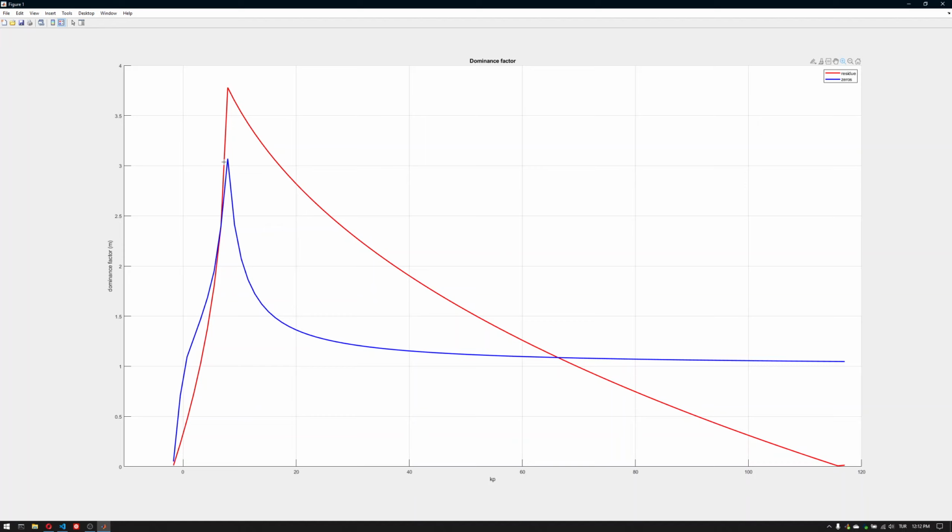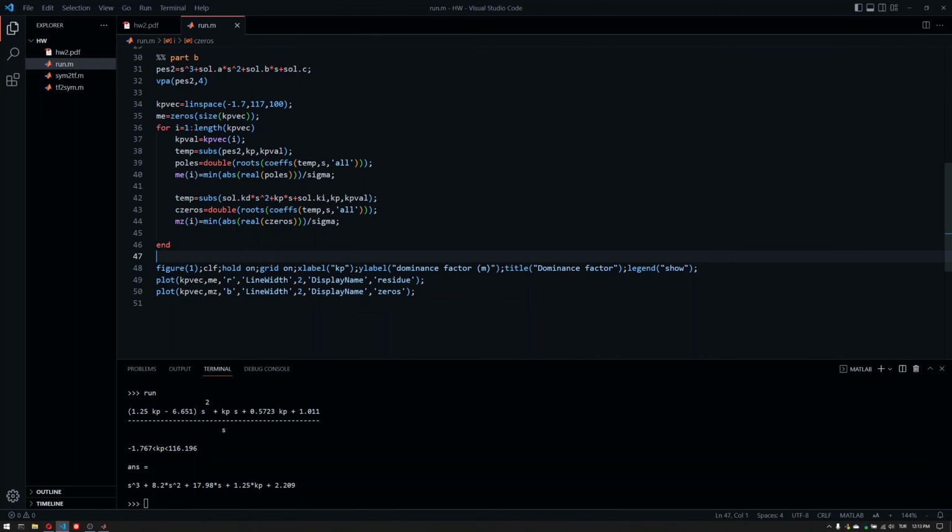In this case, again, the zeros are quite dominant compared to the poles. And once we reach this point, for example, the zeros stop moving, but the poles get into the dominant region. Now on this branch, the poles will be dominant. So we will take the minimum of both graphics and look at the result.